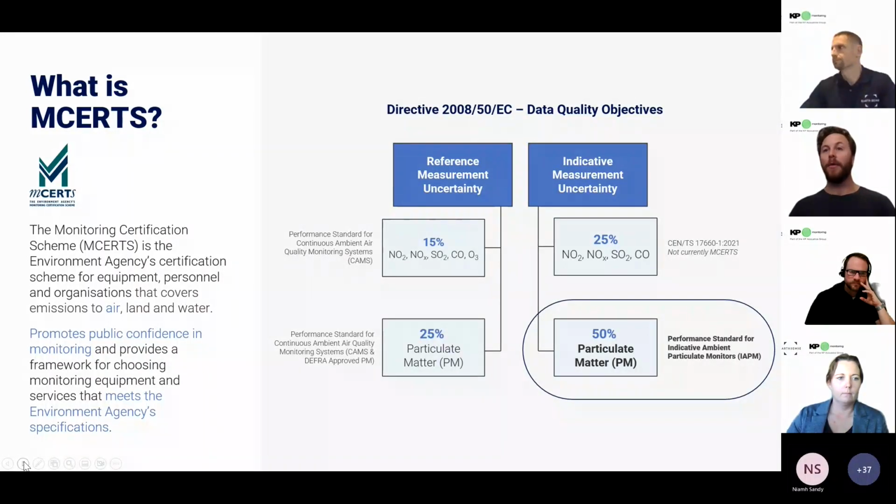And this is now going through the formal acceptance process. So I would expect to see at the end of next year, beginning of 2024, there will then be a formal process in place, and sensors like ours can then be approved for MCERTS on gases as well.